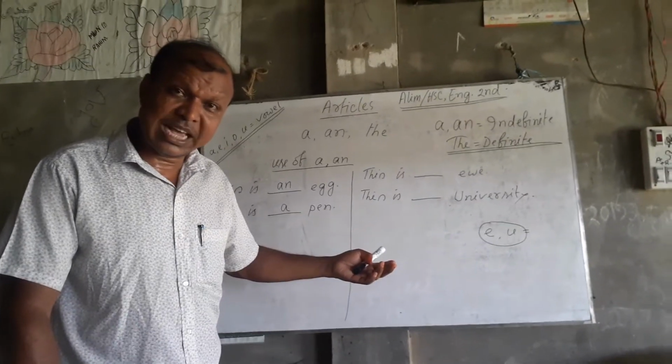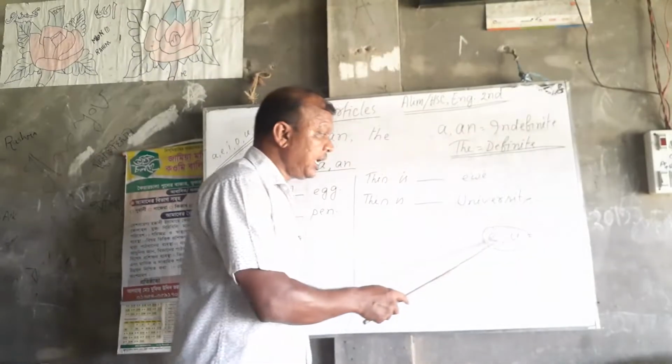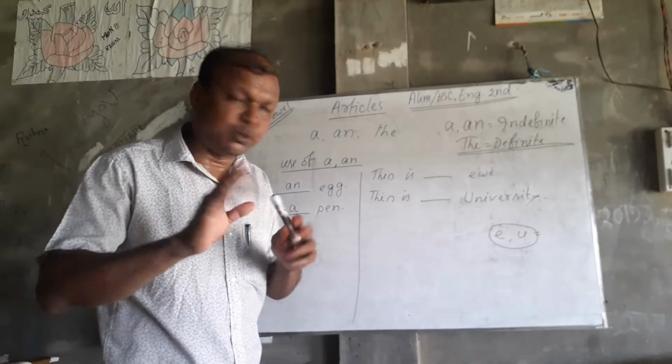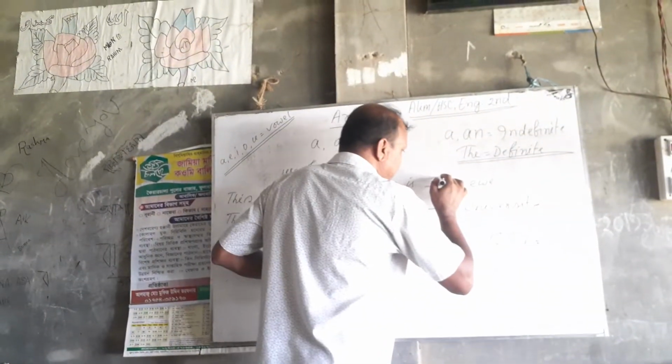If the U and E are pronounced "you", then you have to put A.